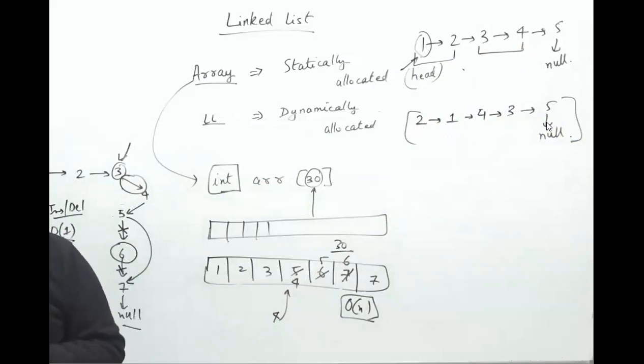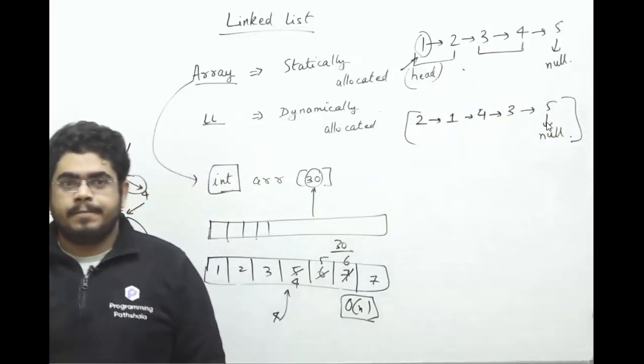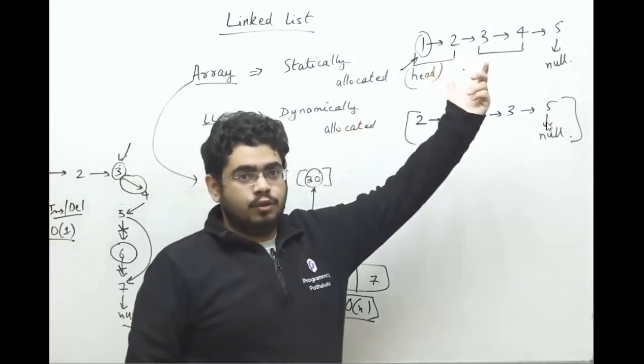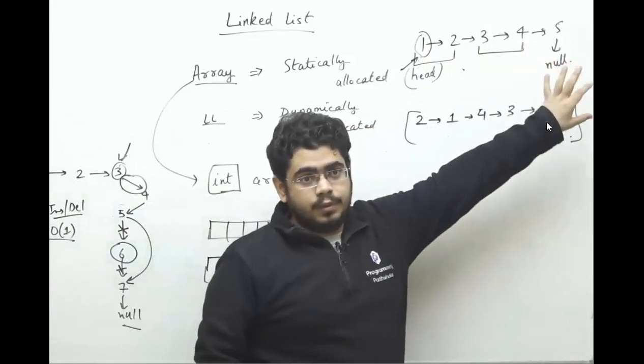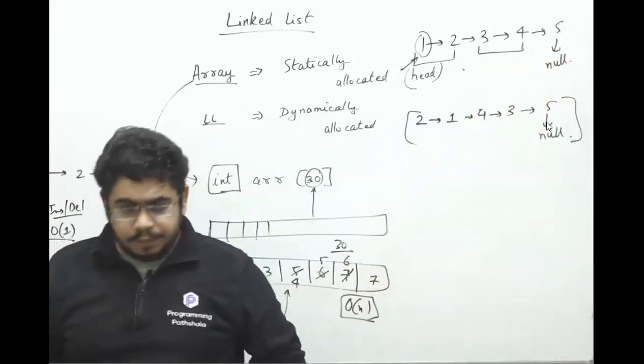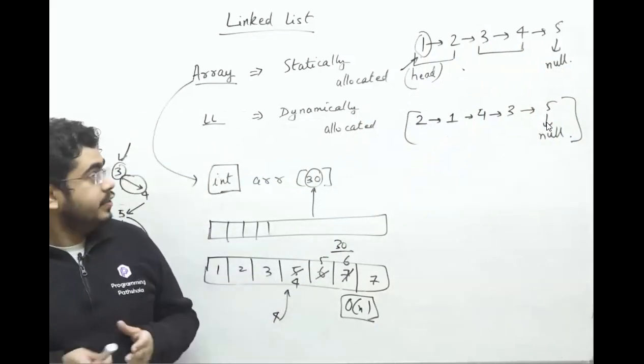Does this make sense to everyone, the question? Yes or no? Given a linked list, take pairs from the start and swap them. Others, can I get a yes if you are clear with this?